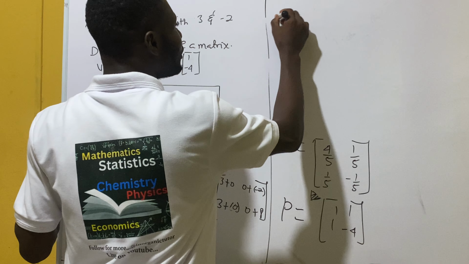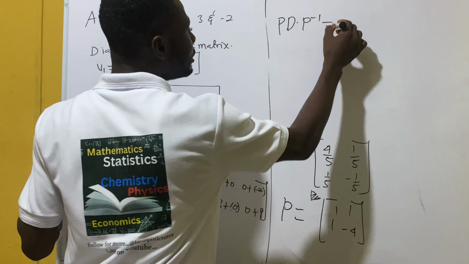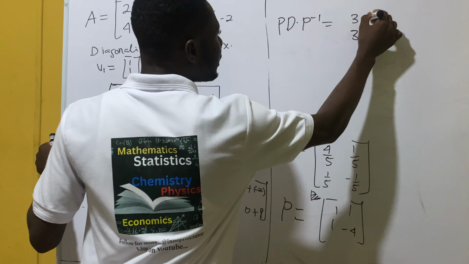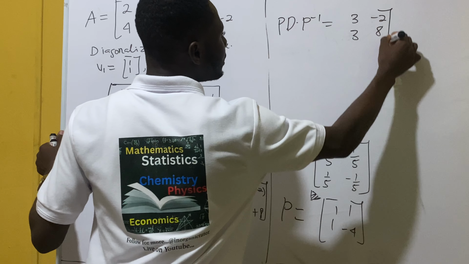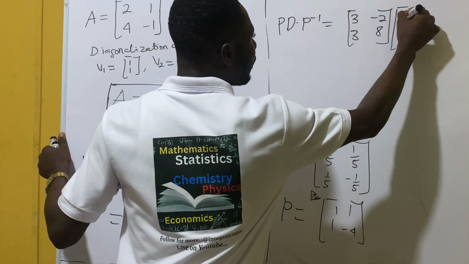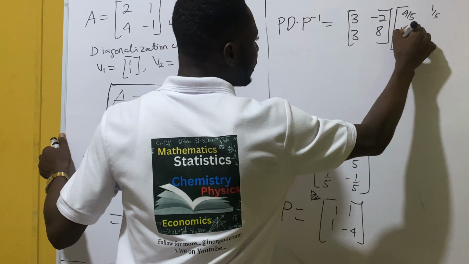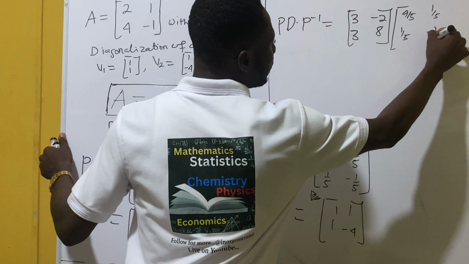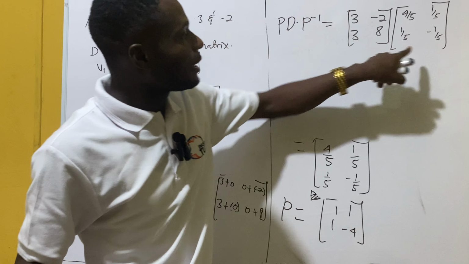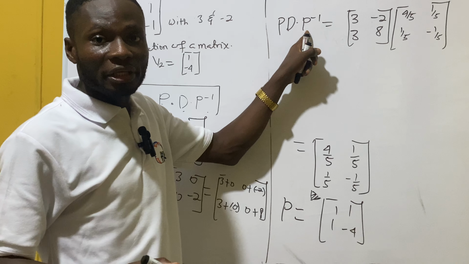PD times P inverse is going to be 3, 2, 3 and 8, times 4 on 5, 1 on 5, 1 on 5, and so on. This is going to be the result for the PD times P inverse.